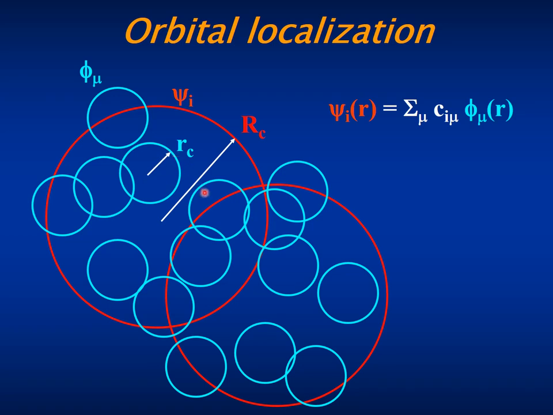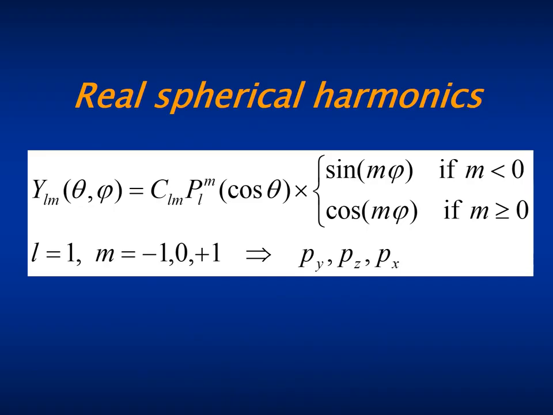I will not say anything more about basis orbitals because there will be another talk about them, except for a couple of details. First, that the basis orbitals are the product of a radial function times real spherical harmonics.